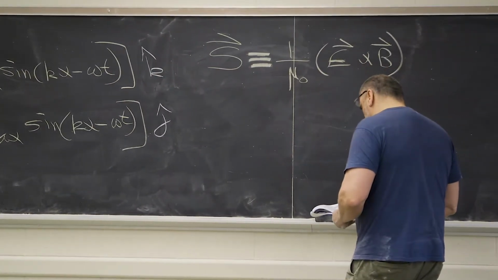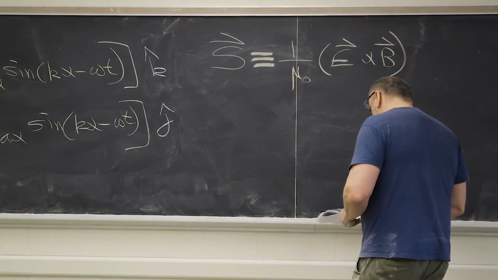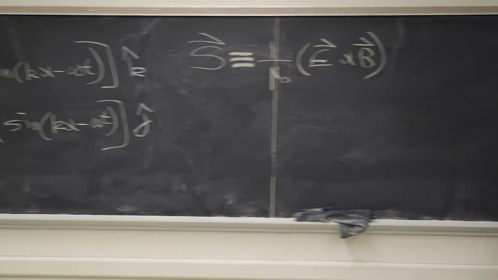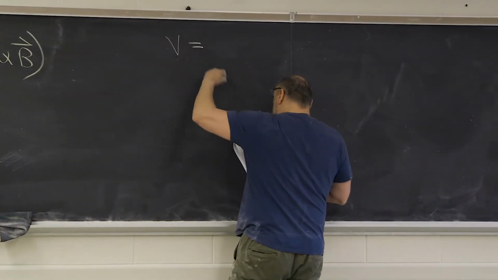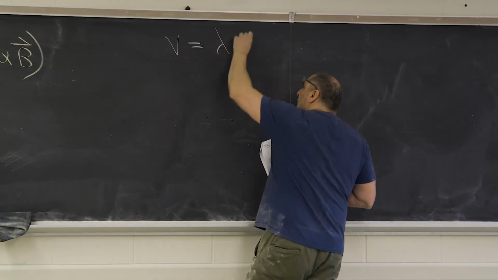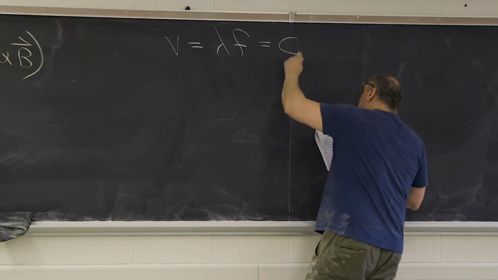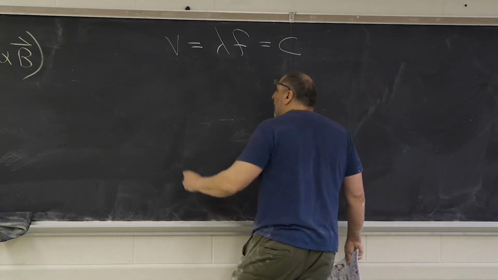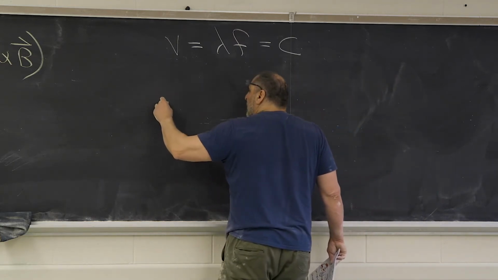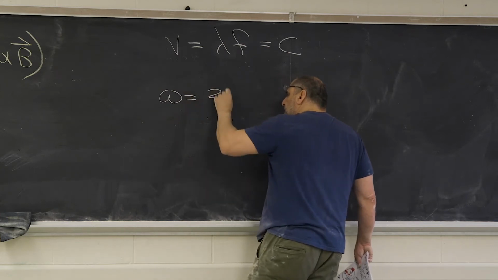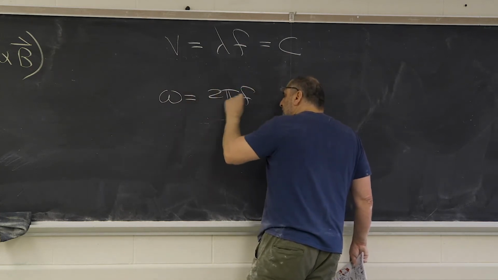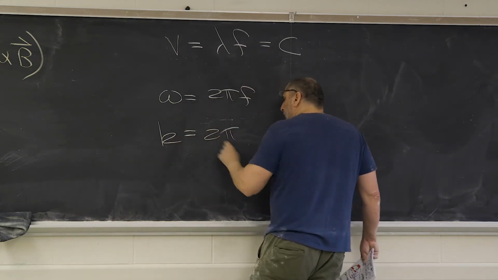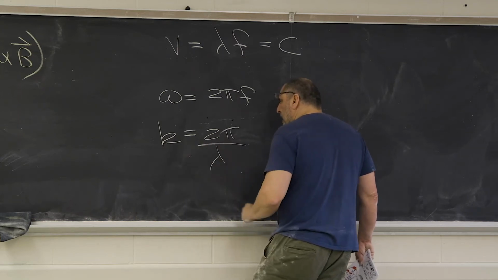And let me just see here really quickly. We know a bunch of things. We know that, kind of on the side here, guys, v, the velocity of propagation of a wave, is lambda times f, which is equal to c if you're talking about electromagnetic waves. Yeah, you remember from a while back, omega is 2 pi f, and k is 2 pi over lambda.